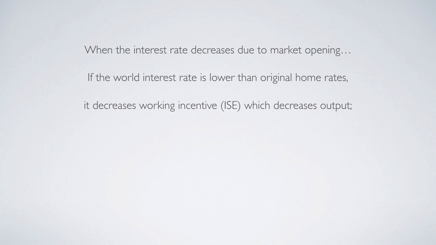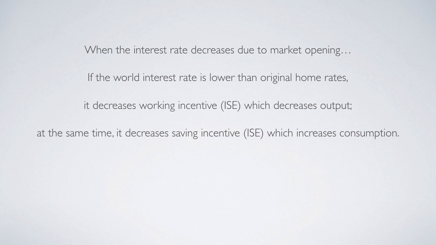When working incentive decreases, it decreases output. At the same time, it will also decrease saving incentive, which means consumption would increase. Both are related to the intertemporal substitution effect. So now the working incentive decrease decreases output, which decreases Y. And then we have the increase of consumption, so C will increase.